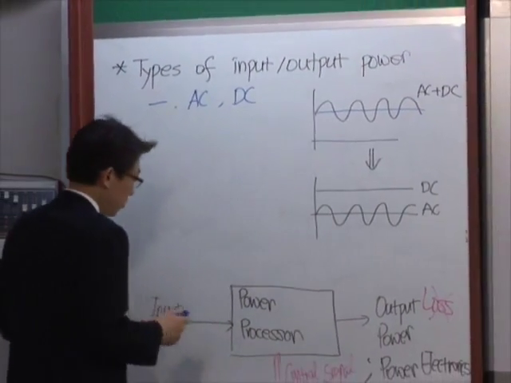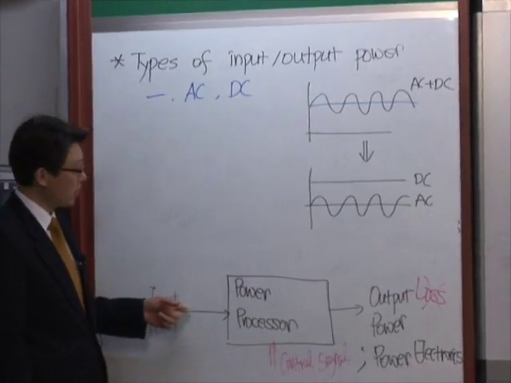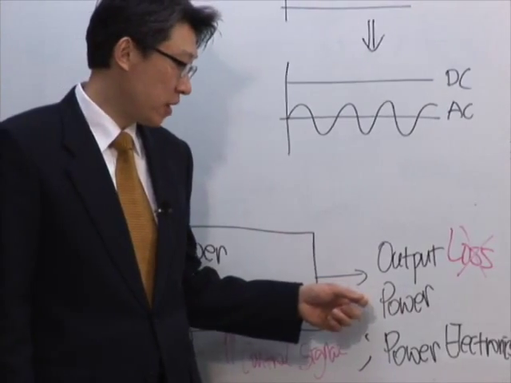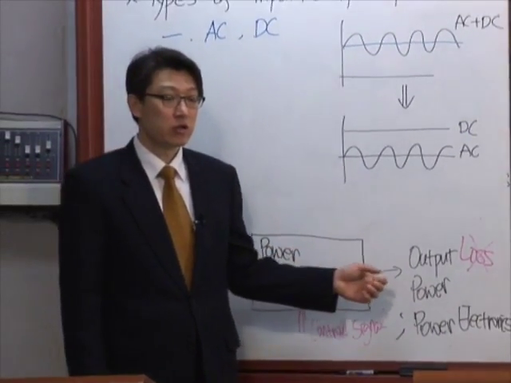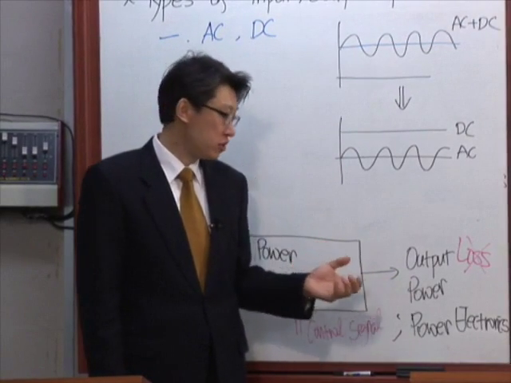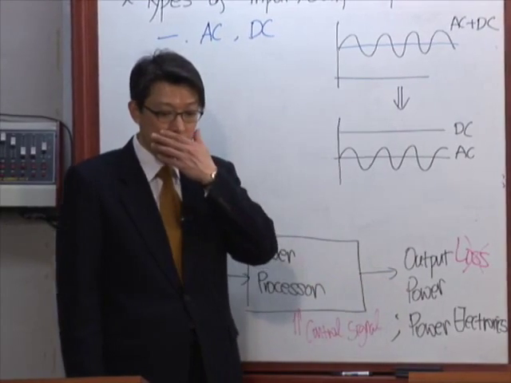What I'm now discussing is that input power can be AC or DC, and output power can be AC or DC, whatever. Who determines this? The type of load. The load determines the type of the voltage.